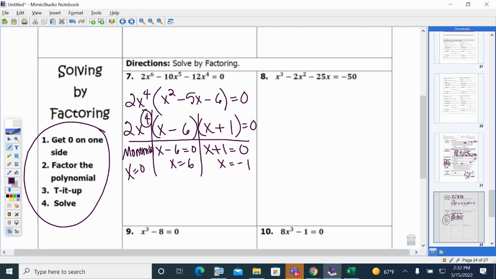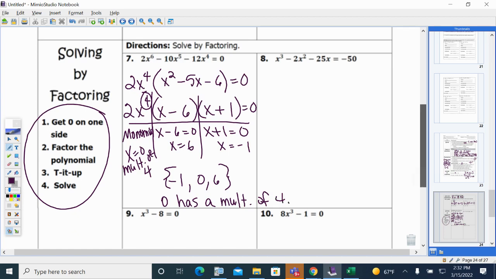There's 4 solutions, so 0 has a multiplicity of 4 because there is an x to the 4th. My 3 actual solutions are going to be negative 1, 0, and 6, and then we would state that 0 has a multiplicity of 4.